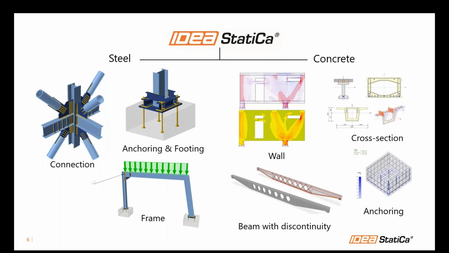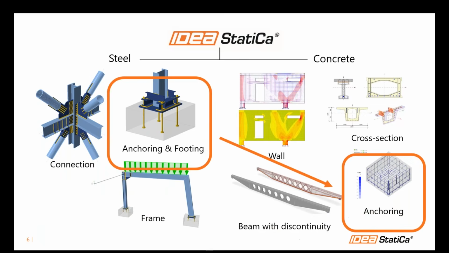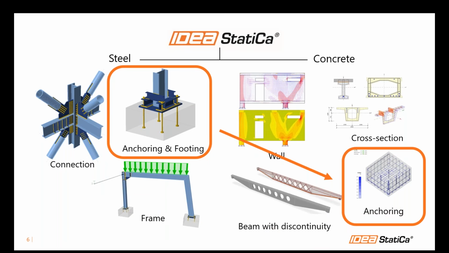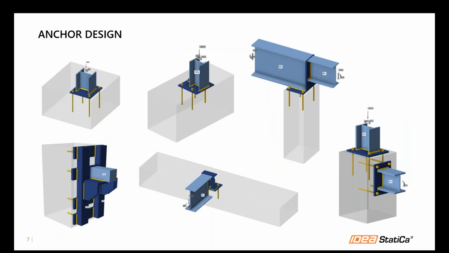So we already have a solution for how to check anchoring and footing. We also have solutions for concrete, for example, concrete walls, cross sections, beams with D regions, and newly also detailed anchorings. So today we will be talking about a workflow from IDEA StatiCa Connection to Detail, so how to cover those situations when your anchoring is failing.